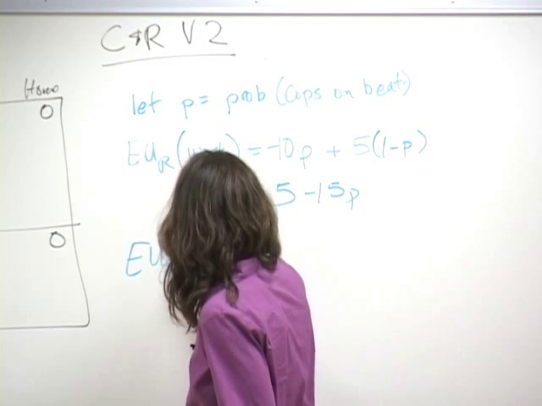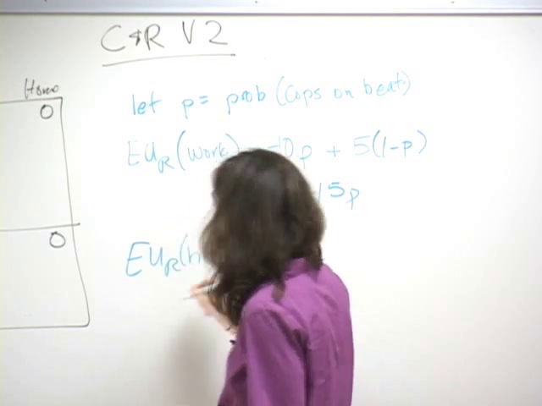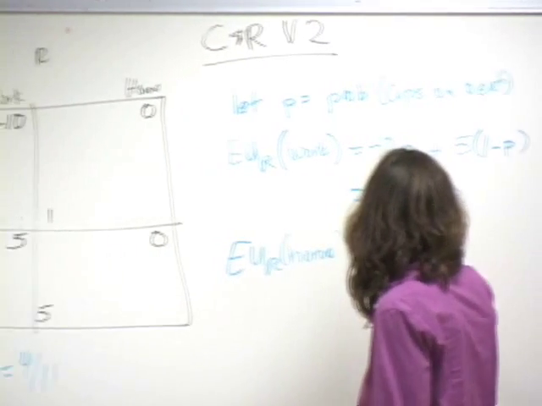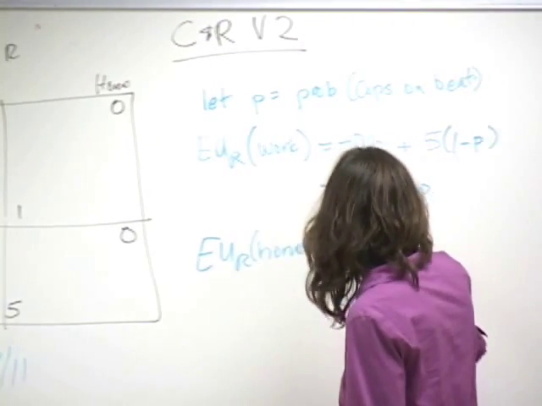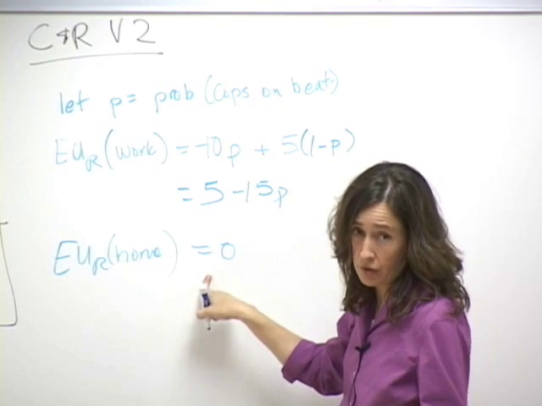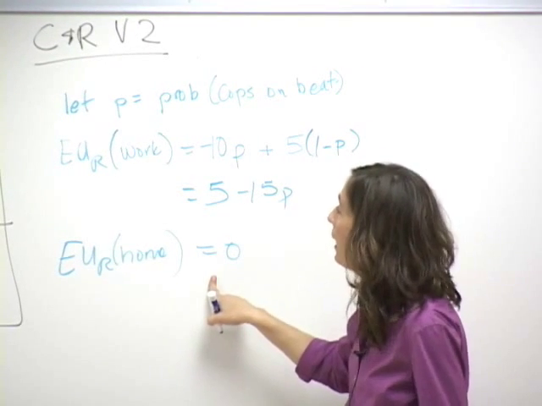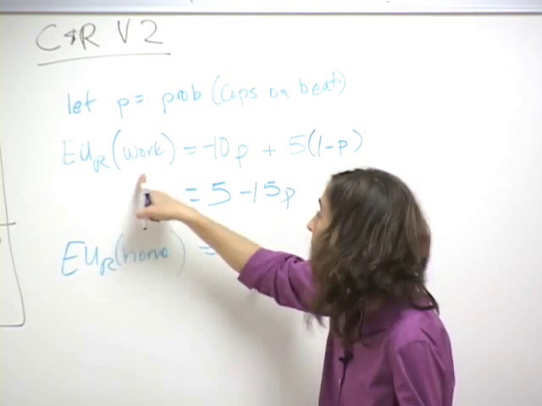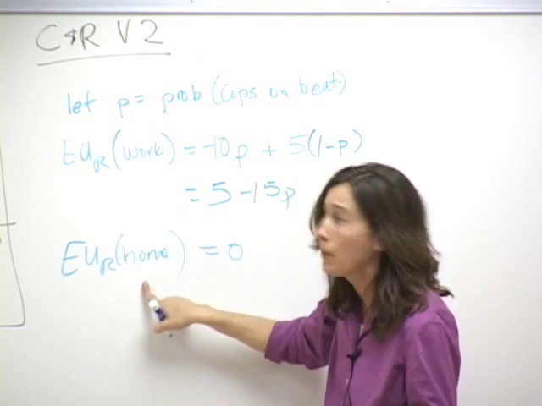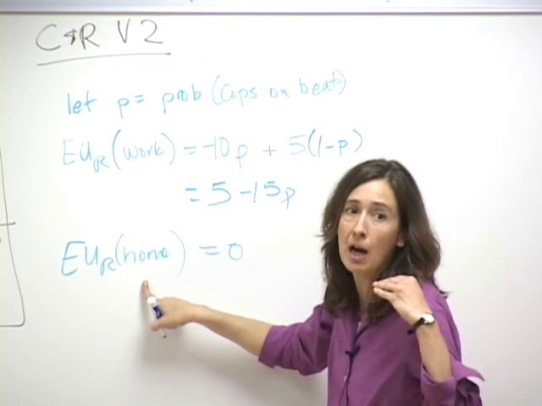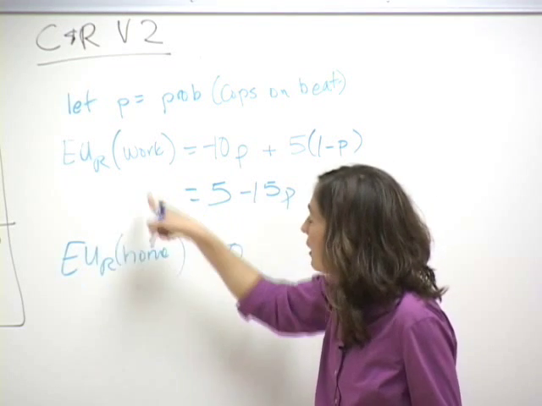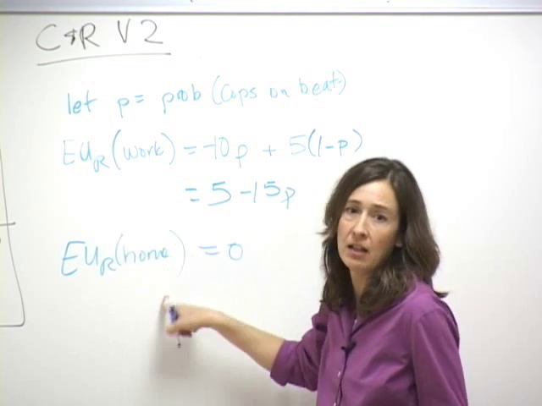Expected utility to the robbers of being at home. This remains the easy case. I get 0 either way here, so it equals 0. So setting these two equal, just as I did before, because the only way a mixed strategy is going to be in equilibrium for the robbers, the only way the robbers won't regret playing a mixed strategy, is if neither of their pure strategies is better than the other one.